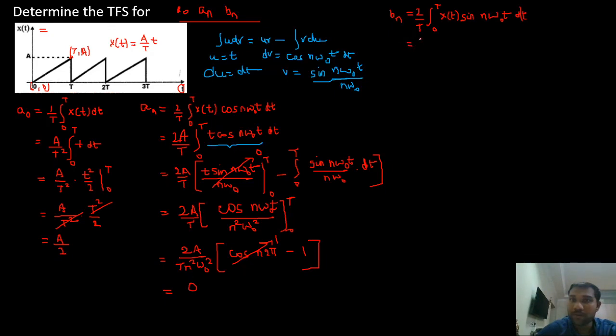So let me substitute the values of x of t, that is 2A by T square. There is T square all around here, but the final answer does not matter. It is 0 to T, and I have t into sine n omega naught t dt.